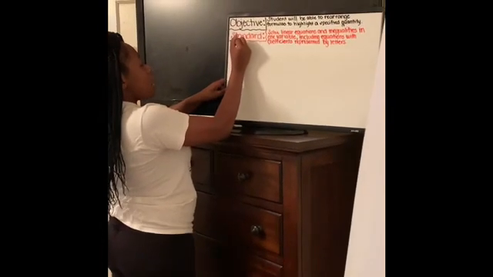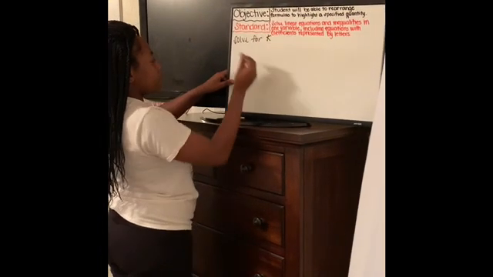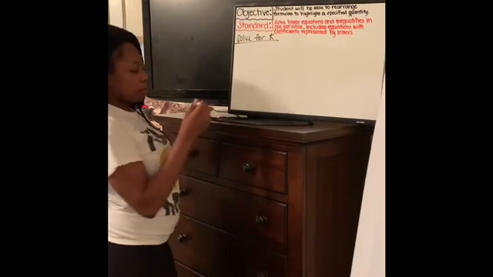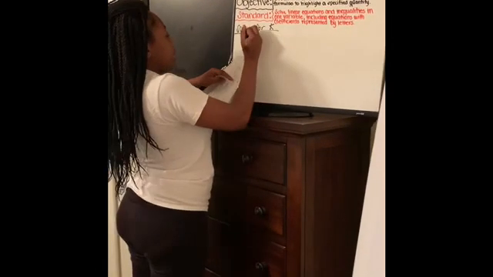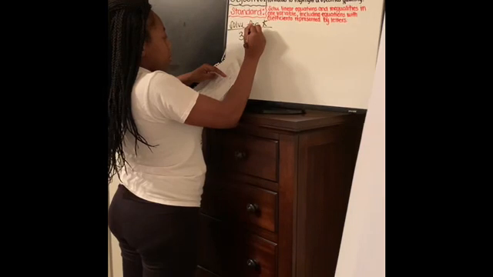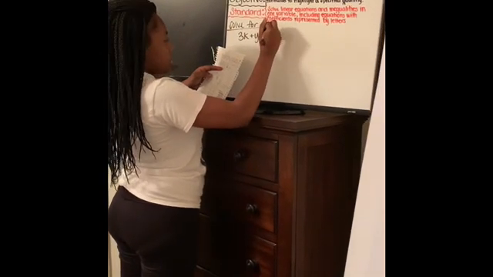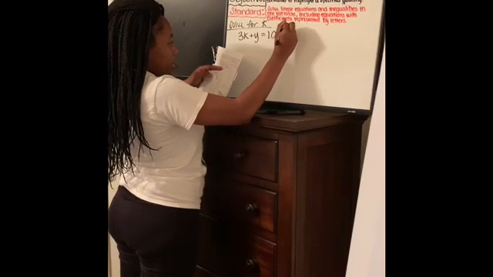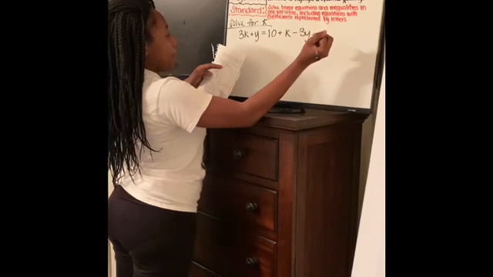We want to solve for k. All right, so we have 3k plus y equals 10 plus k minus 3y.